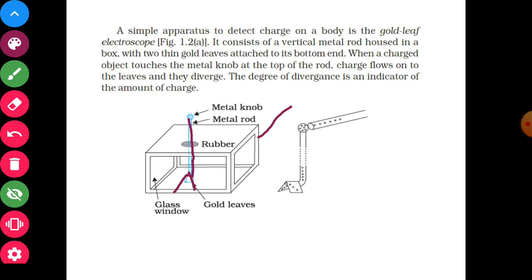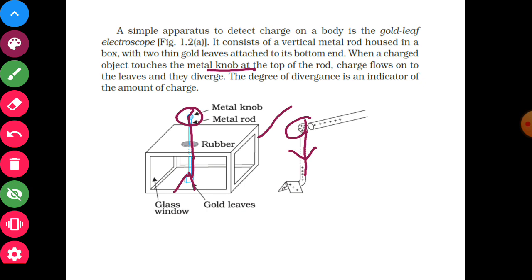When a charged object touches the metal knob, here this is your metal knob. Now, if a charged object is touching this metal knob, then this is your metal rod. So what will happen?